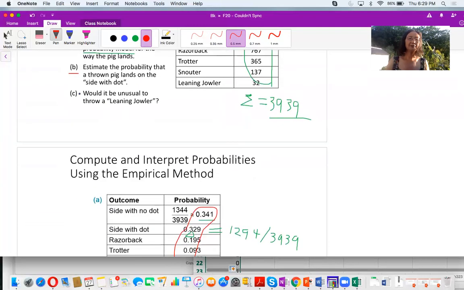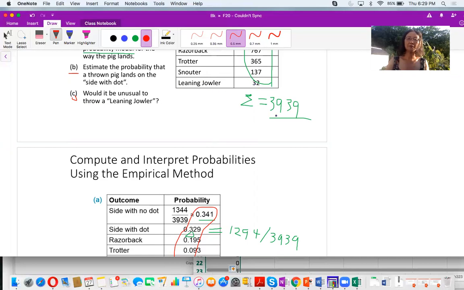And question C. Would it be unusual to throw a leaning roller? Okay, so we need to answer two questions. One, what is the probability of a leaning roller?